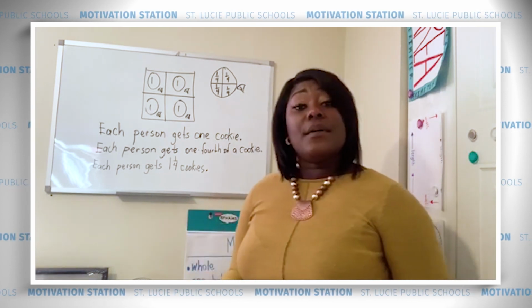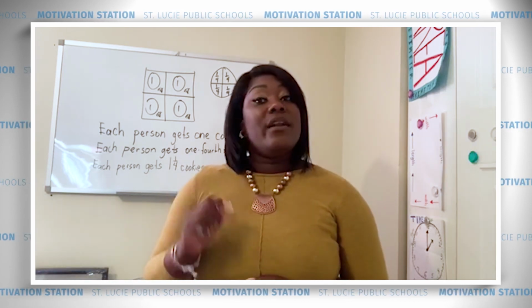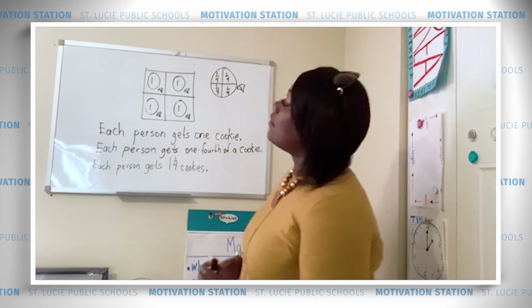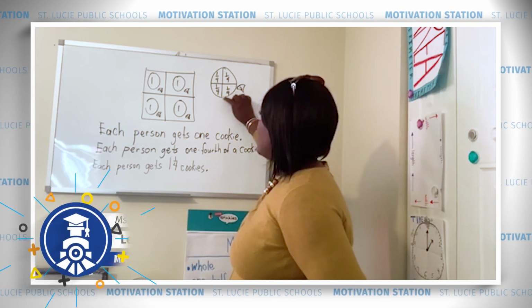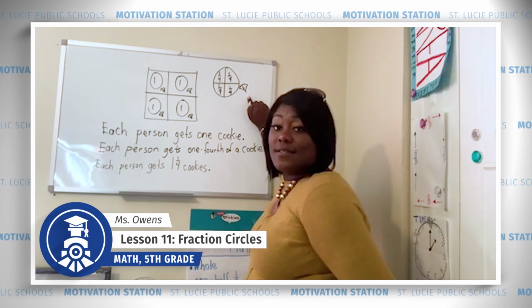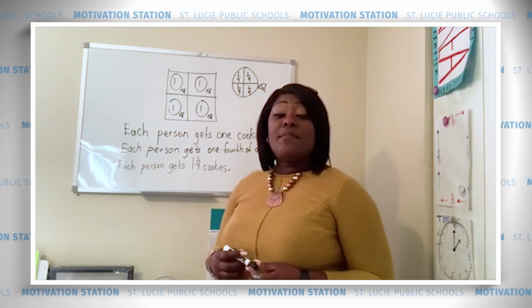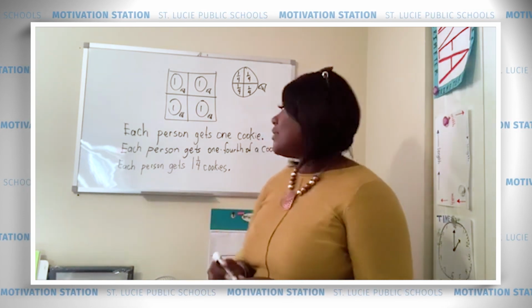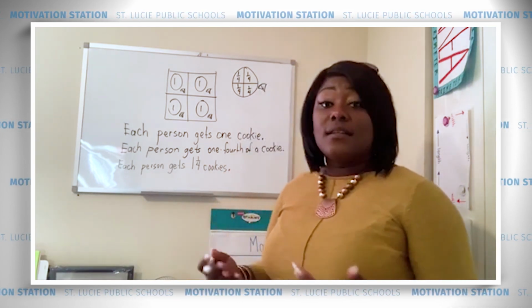Each person would still get 1 whole and 1/4 of a cookie. But what if we just looked at how we can count the cookies using just fourths? So you have 1/4, 2/4, 3/4, 4/4, 5/4. So a whole and a 1/4 is also the same thing as 5/4. Each person would get 5/4 cookies.